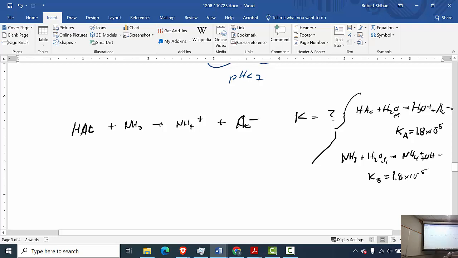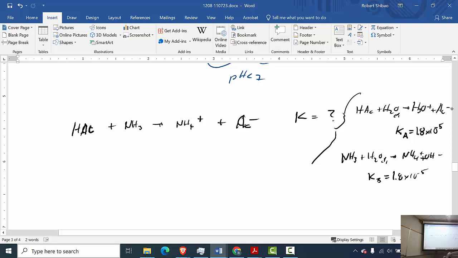But how would we do it properly? This should be pH 7 if I do it to 2 sig figs. To 3 sig figs, it's not going to be. And so how am I going to do this? Should I do the Ka or the Kb? Which one should I do?